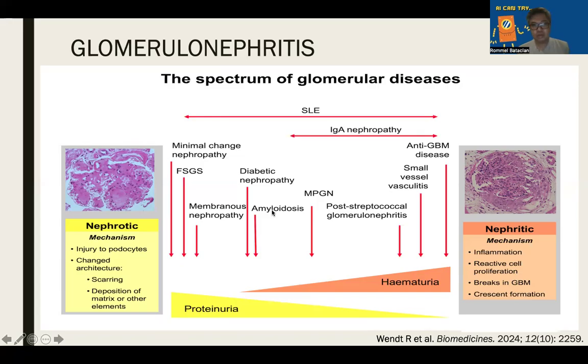They have varying presentations, and even a single type of GN can have varying presentations from one individual to another. But if we look simply at the two extremes of glomerulonephritis, it either presents as nephrotic syndrome or nephritic syndrome.